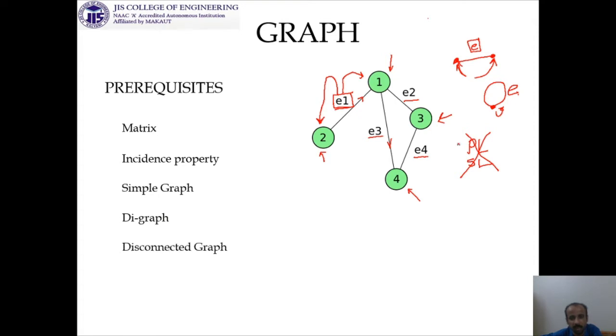And then a disconnected graph means that from the vertices you will be able to get at least one pair Vi, Vj that are not connected by any means. That means there is no path between these two vertices. So these are the prerequisites of this particular class.